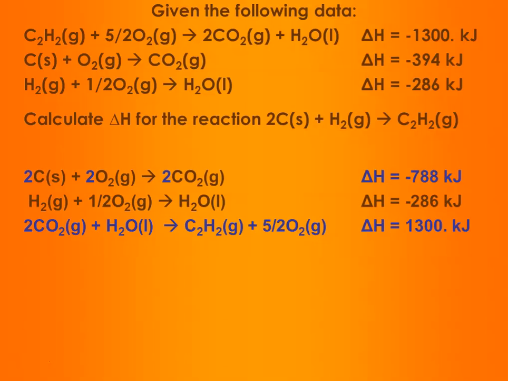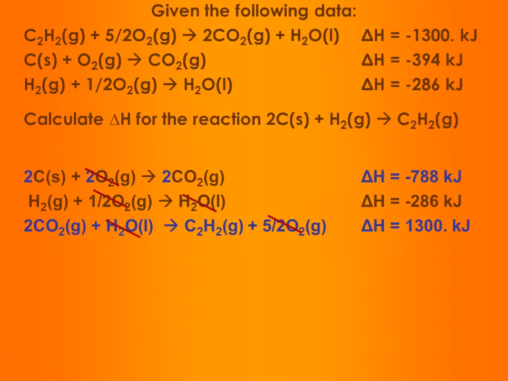If this has been done correctly, all of the other reactants and products in these 3 equations that are not in the reaction I am trying to find out the enthalpy for should cancel themselves out. They should either be formed initially as products and then consumed as reactants, or vice versa. And if I take a look at this, I see that the oxygens do indeed cancel out. 2 1/2 would be 5/2 oxygen.